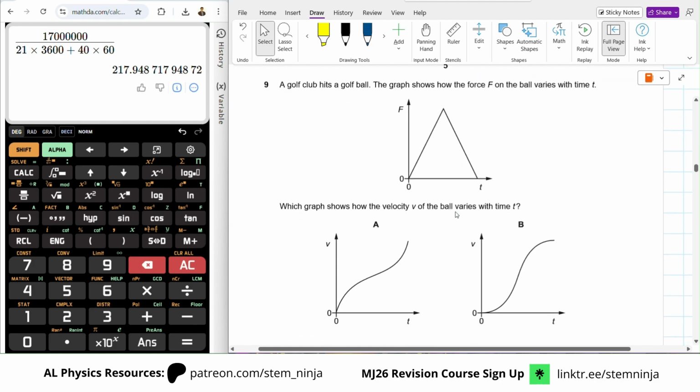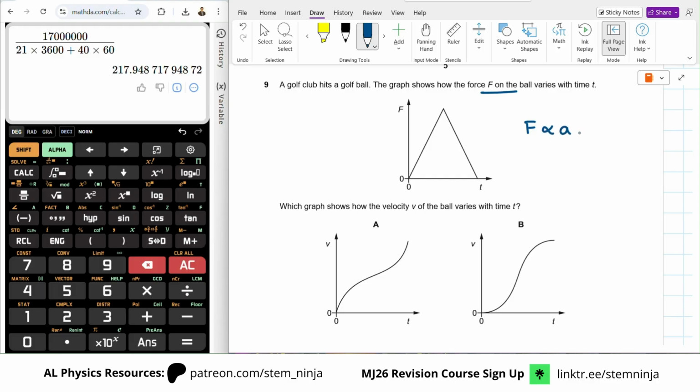All right. A golf club hits a golf ball. The graph shows how the force F on the ball varies with time t. Which graph shows how the velocity v of the ball varies with time t? So the force is basically proportional to acceleration.